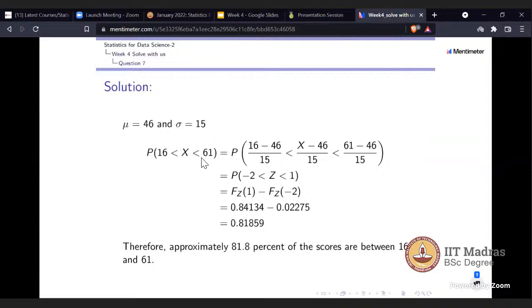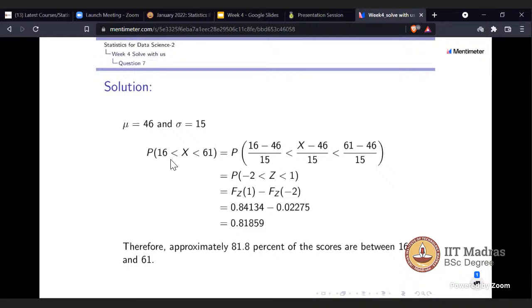Ma'am, here a score is in percentage or the real score? Percentage of score. So that you can obtain from probability. So you have to find the probability such that X lies between 16 to 61.